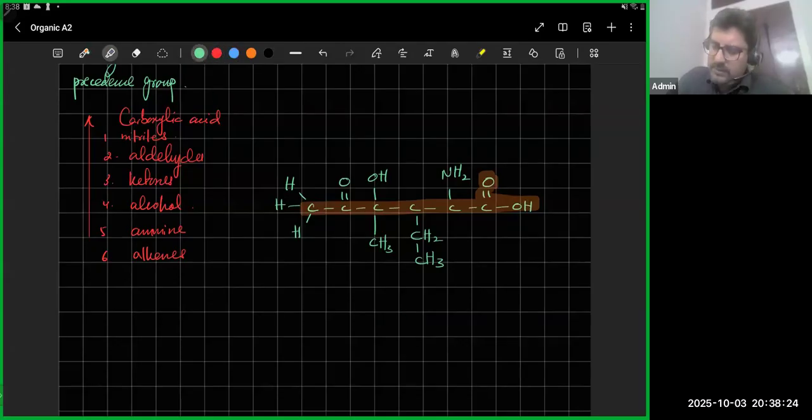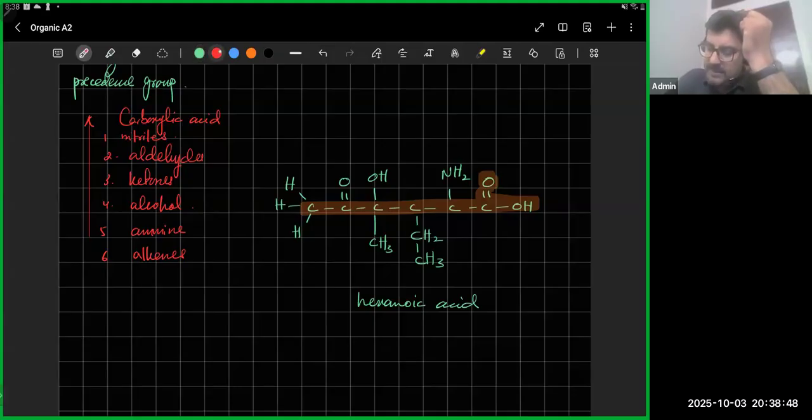So the molecule is going to be called hexanoic acid. The main chain is not only the longest chain, it's got to have the highest precedence group in it. There's no place to put a double bond here. The rest would all be considered branches.